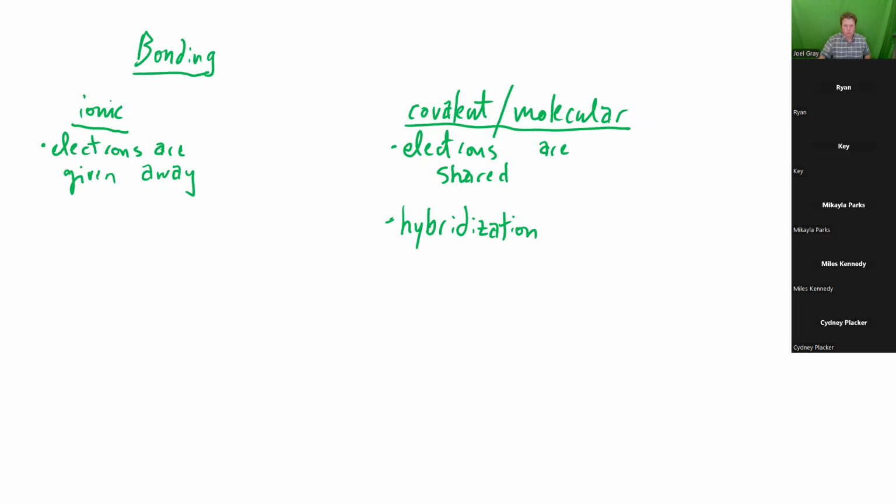So hybridization, when it comes to bonding, is where you combine different orbitals.